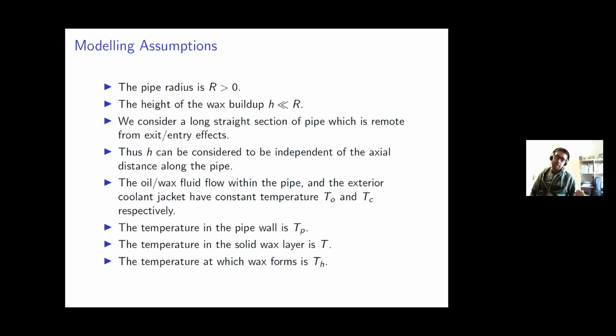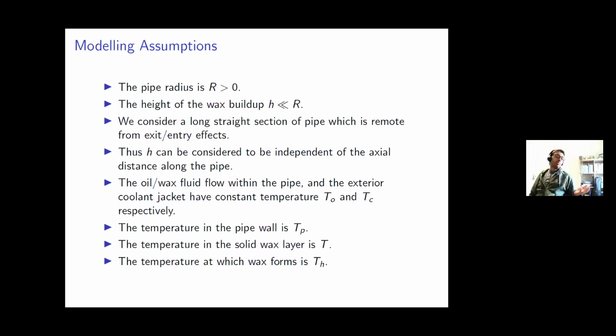We also need the temperature of the coolant, that is the temperature outside the pipe, to be less than the temperature of wax solidification, TH. So we have TO greater than TH, and TH greater than TC. Here we're assuming the temperature of the oil and the temperature of the coolant are constant, and this is reasonable to assume.